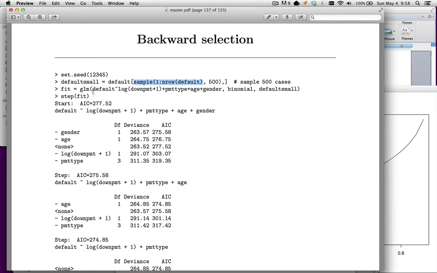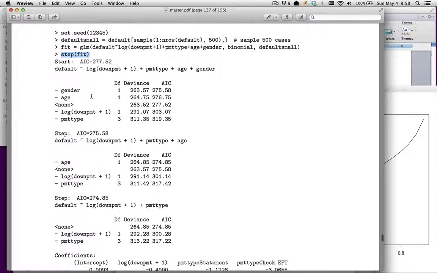Now let's go back and try this model. We have the log down payment, and we're going to throw payment type in. Let's add age and gender just to give us some other stuff in the model. Now if I do a backward selection just by typing step fit, let's trace through what R does.